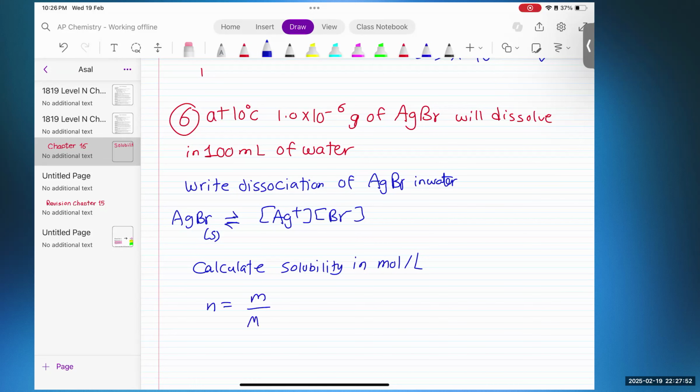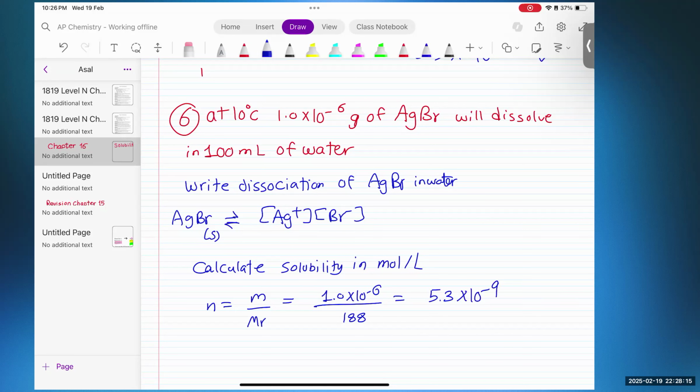Mass is 1 times 10 to the power of negative 6, and the molar mass is equal to 188. When you divide this by this, you get the number of moles, which is 5.3 times 10 to the power of negative 9.